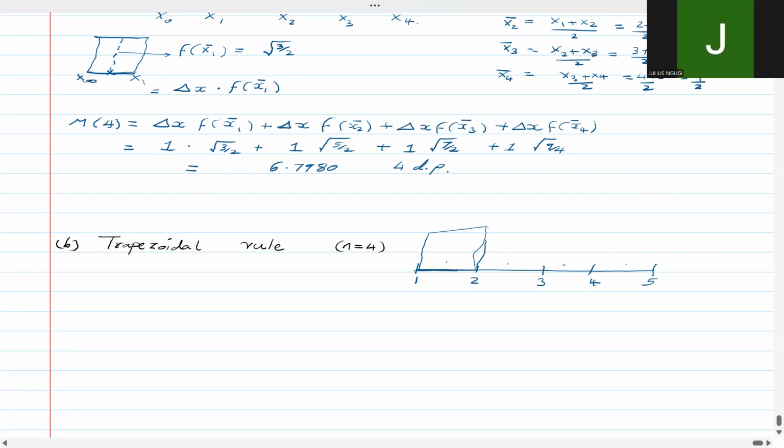A trapezium has these 2 parallel sides and this one, which is the perpendicular one. So the one here, I call this one f at 1 and this one f at 2. If I was to draw another trapezium here, sorry, let me clear that one.